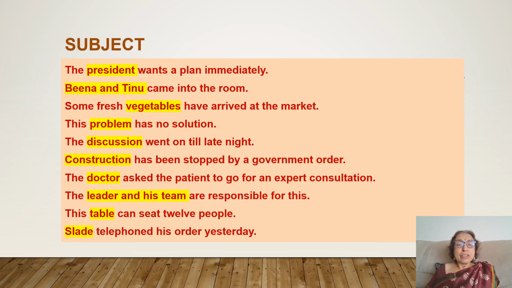Then you have this problem has no solution. Has, the verb form. Problem. What? The problem. So the verb has is being worked on by the subject. The subject carries out this function, and that is the function which we call subject. So the problem becomes subject.